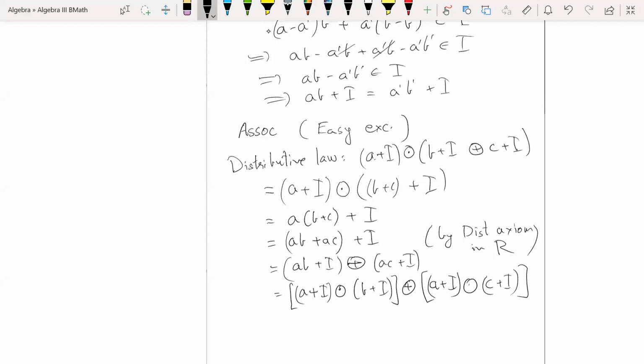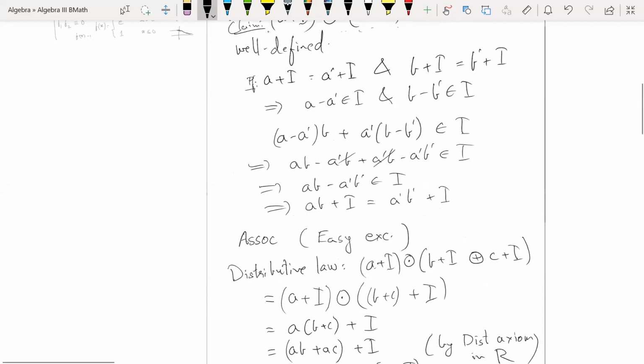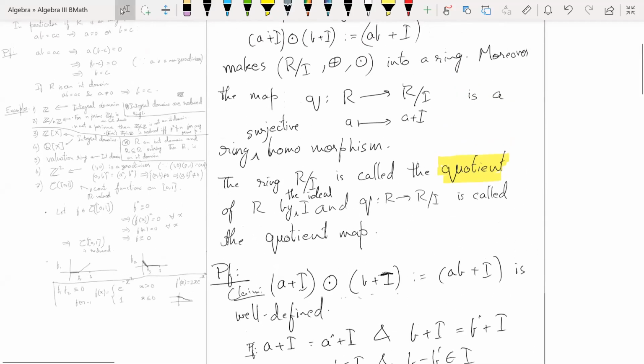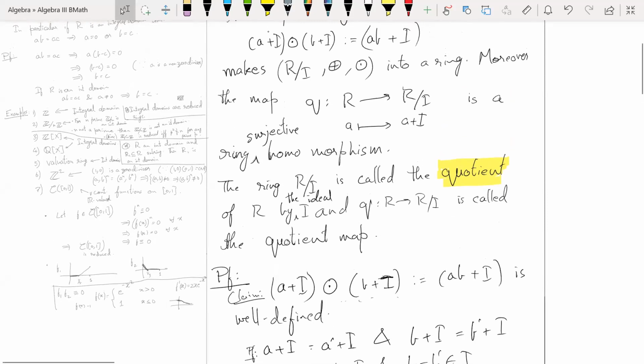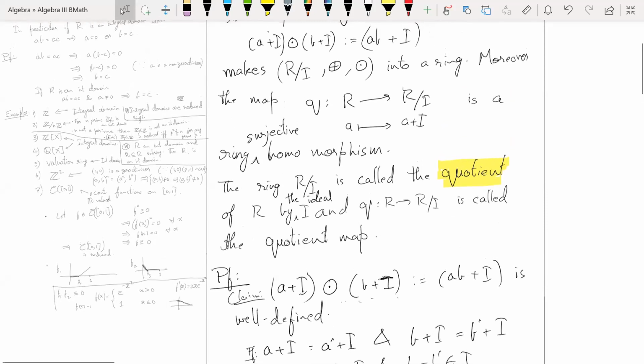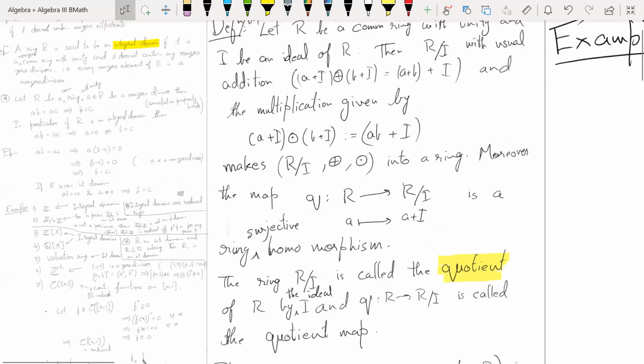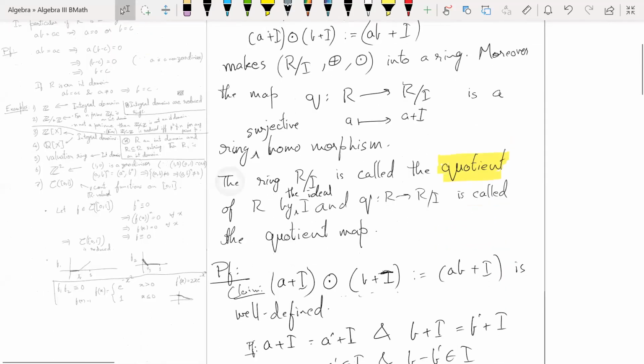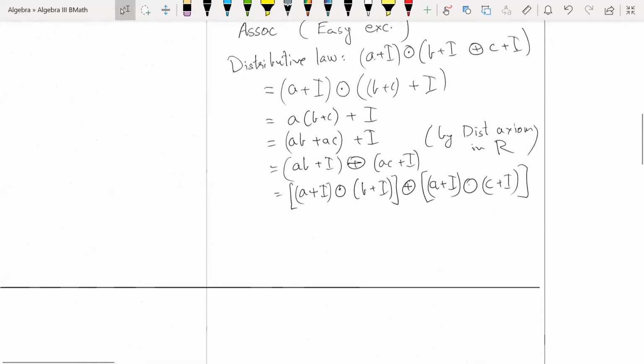Then the fact that it is commutative is also similar. Associativity, commutativity, etc., are all similar. So this proves that R mod I, with plus and dot, is indeed a commutative ring, and it also has unity. One checks that 1 plus I is the multiplicative identity.